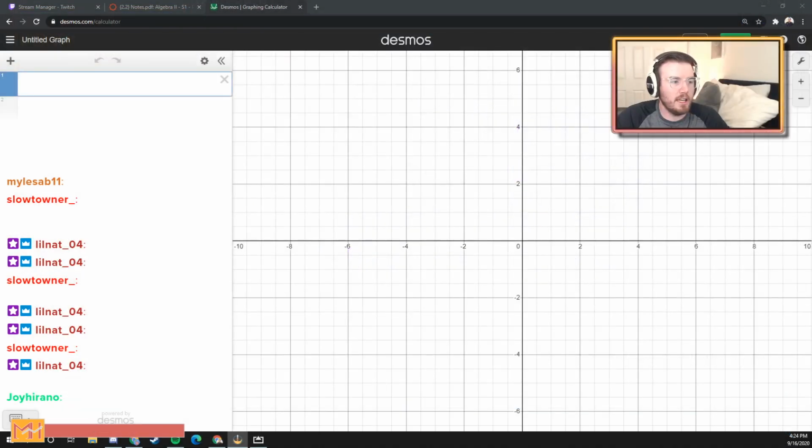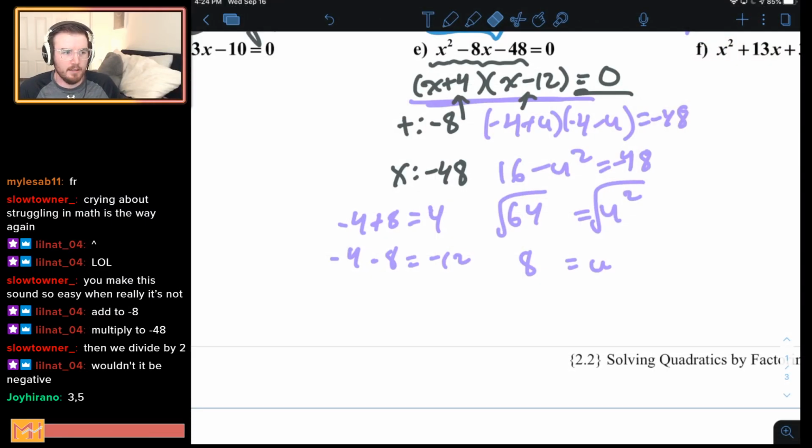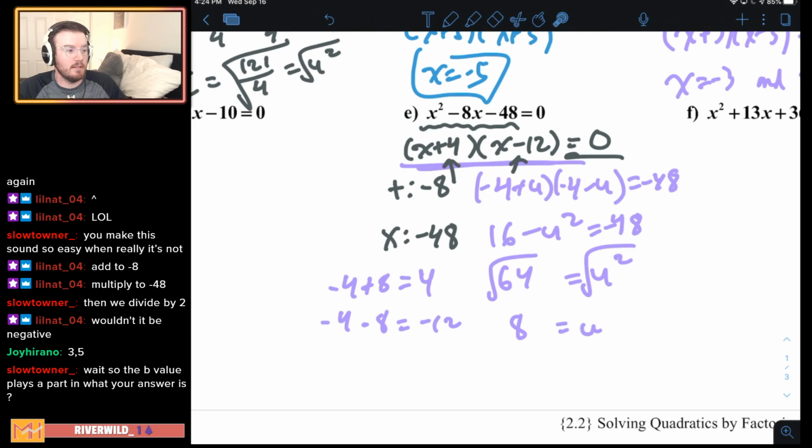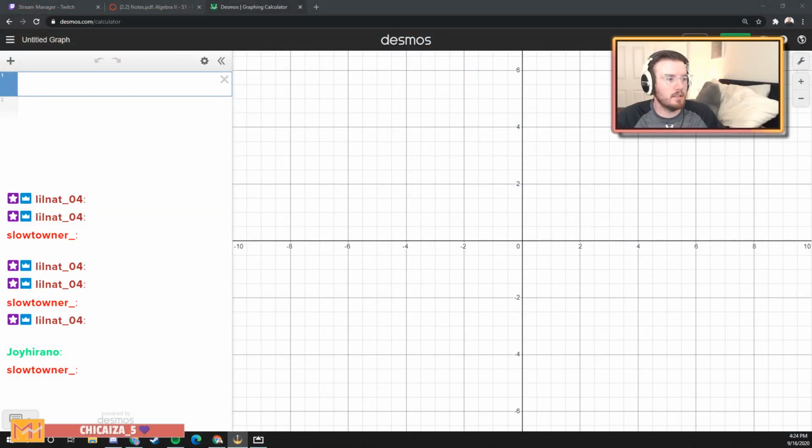And let's take a look at Desmos here. What did we do last lesson? We plotted the left-hand side, we plotted the right-hand side, and figured out where they intersected. That still works.